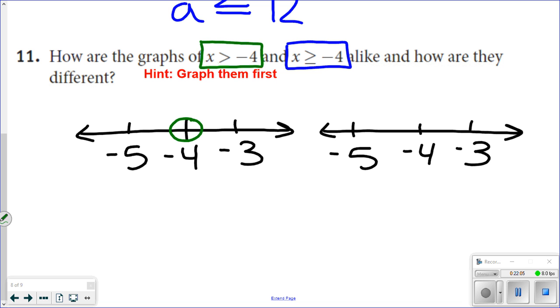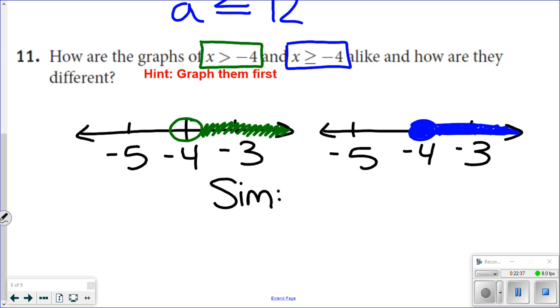Open circle at -4, and I need numbers greater than that, so I'm shading towards the right, towards -3, 0, 5, and so on. X is greater than or equal to -4, so I'm going to fill in my circle this time. And I'm still greater than, so we're still shading towards the right. So how are these similar?